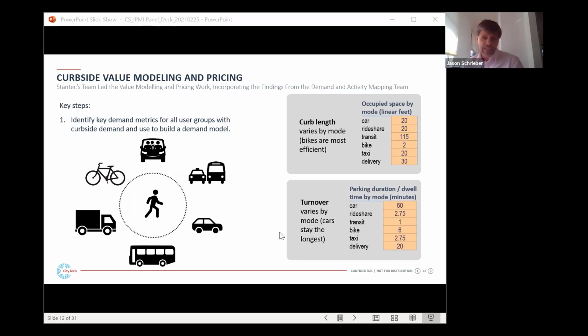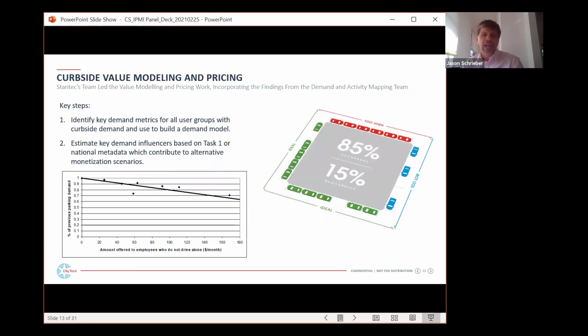So the second modeling step gets into the idea of the efficiency of that curb. And we've all long known that price is probably the primary driver for determining somebody's desire to actually use something, as is true in any commodity.